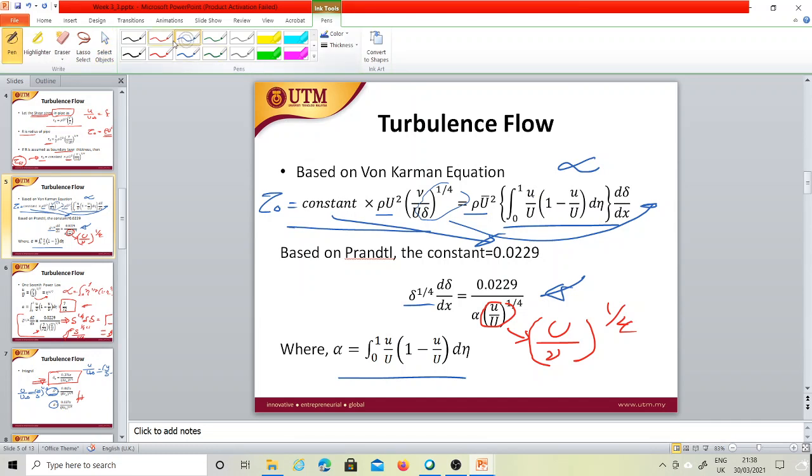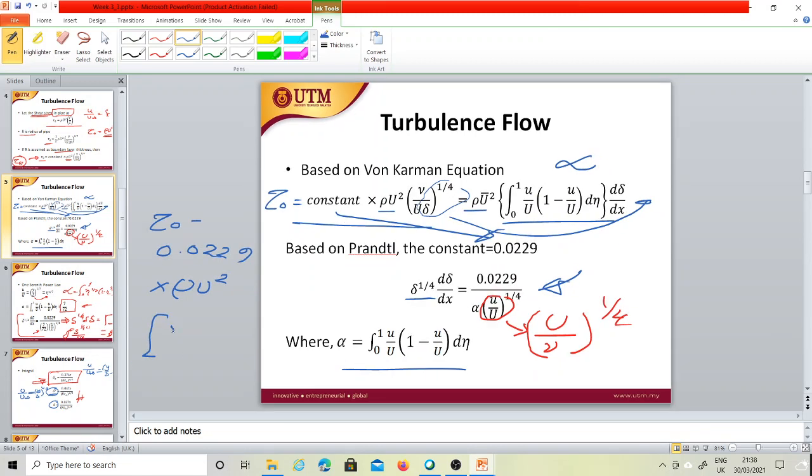So what you will get: tau naught in this case will be 0.0229, multiplied by rho u squared, and then this to the power 1/4, which is mu over u delta to the power 1/4. You also need to put the value of delta here.